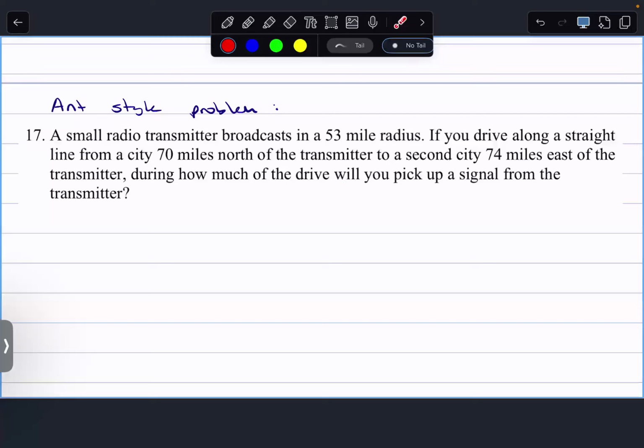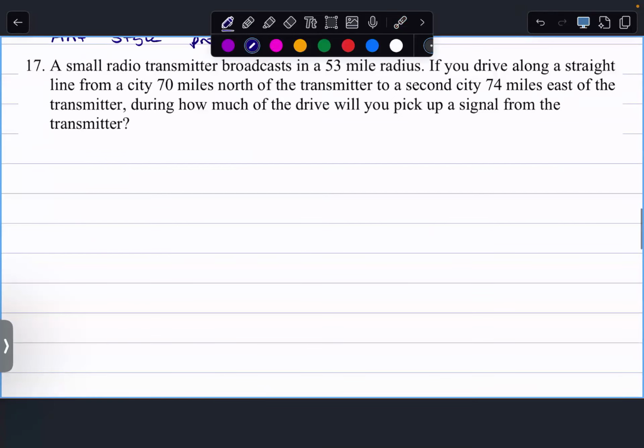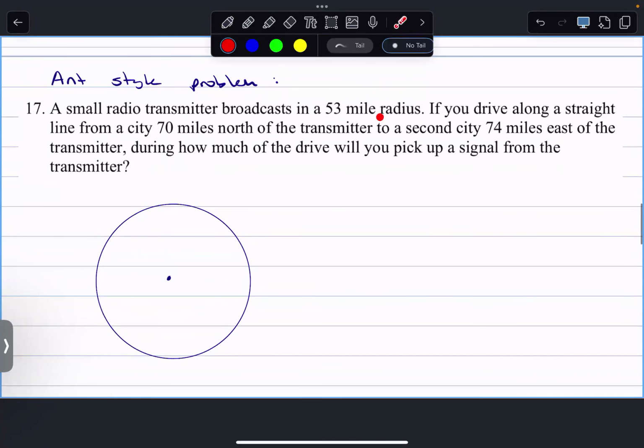Okay, so then I'd say first sketch it out. You've got a transmitter with some center. Let's put her there. And these cities are in reference to the center of the transmitter.